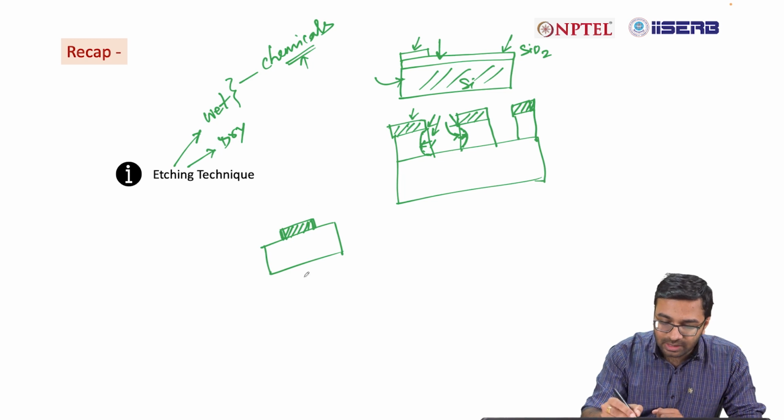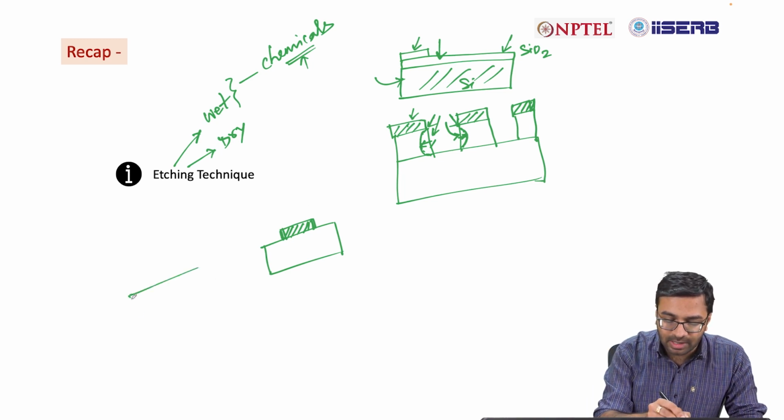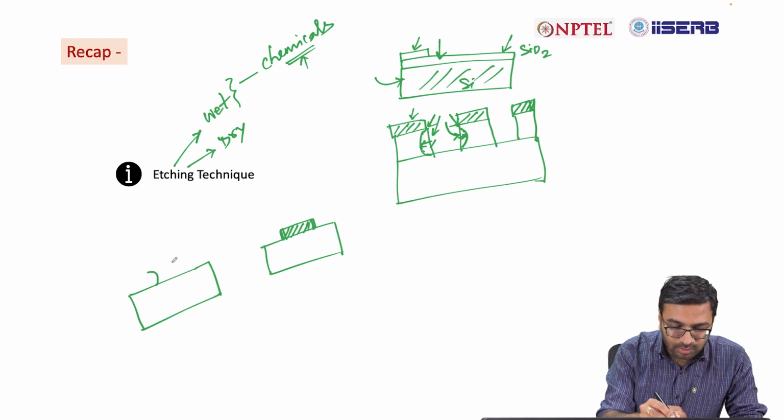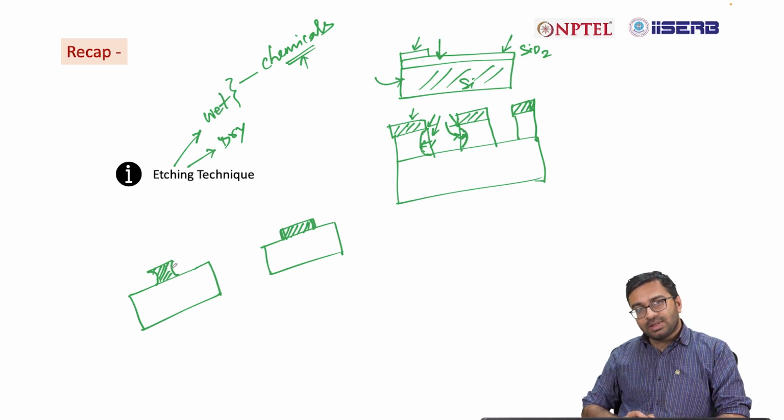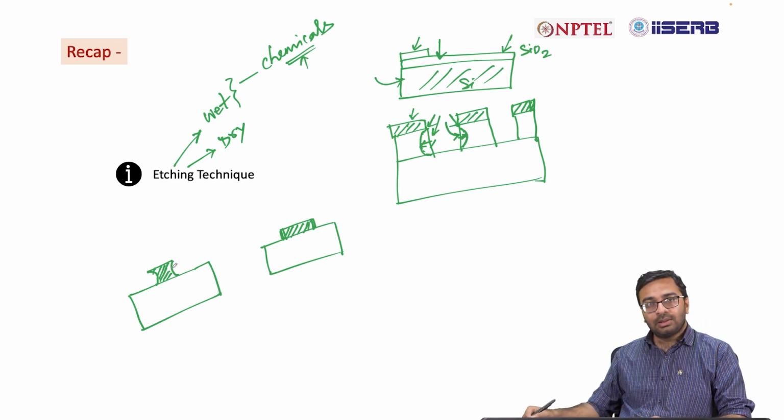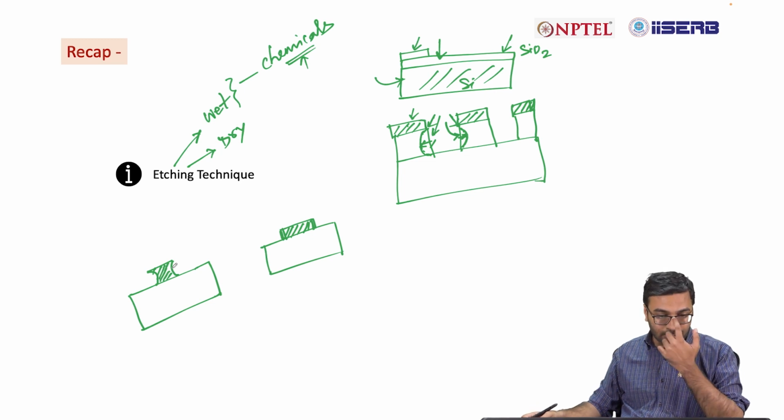However, after etching, you may find that the gate oxide is something like this because of the undercut, which is not desirable. So usually we want the process to be anisotropic. But in case of wet etching, it is very difficult to achieve a very good anisotropy. So usually wet etchings are isotropic in nature.